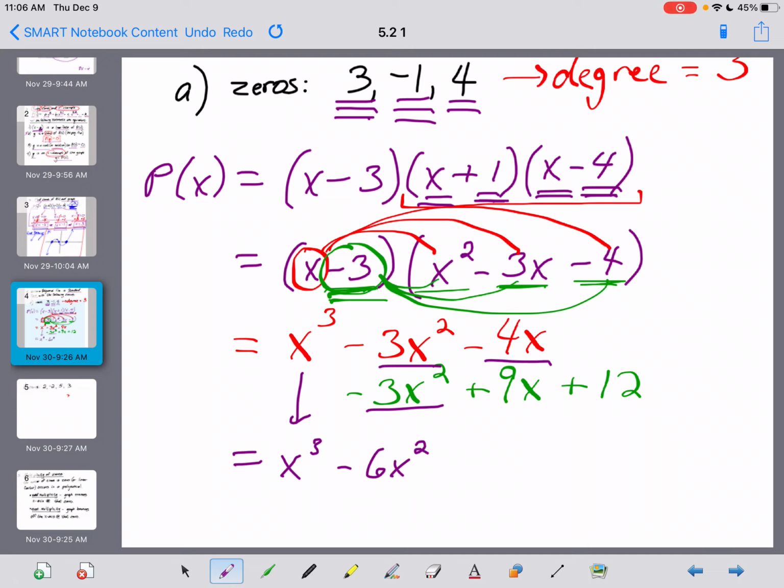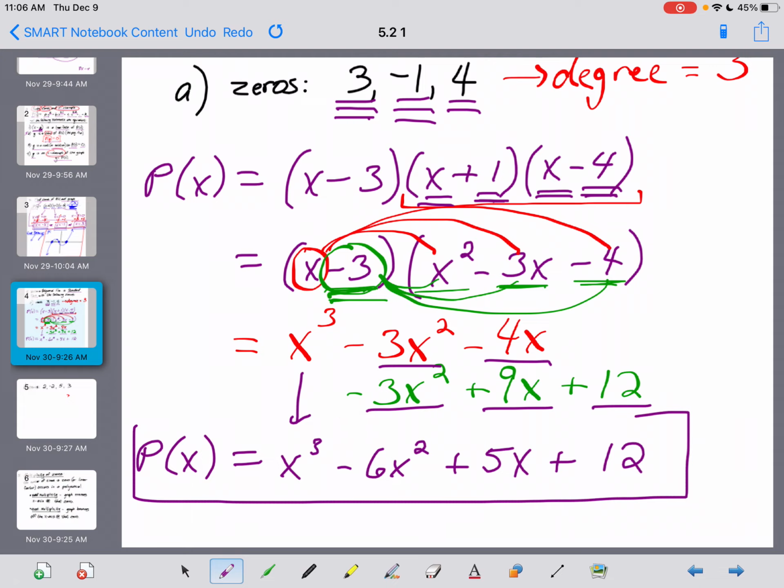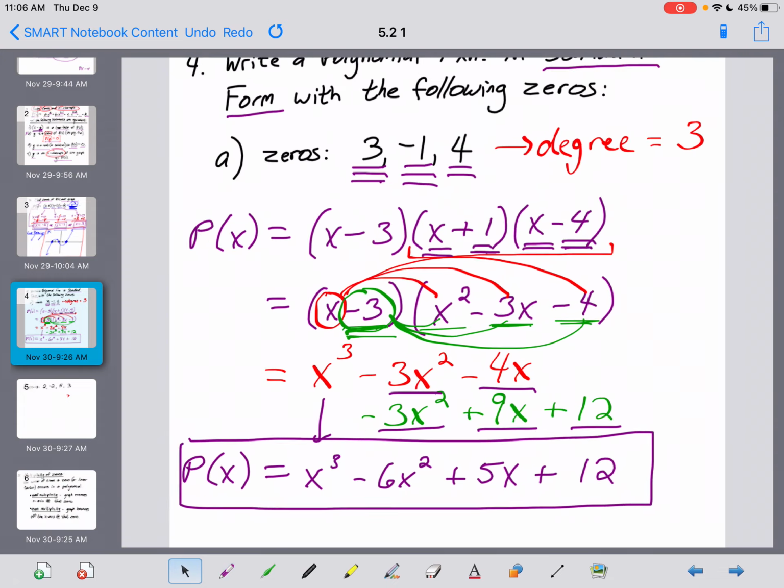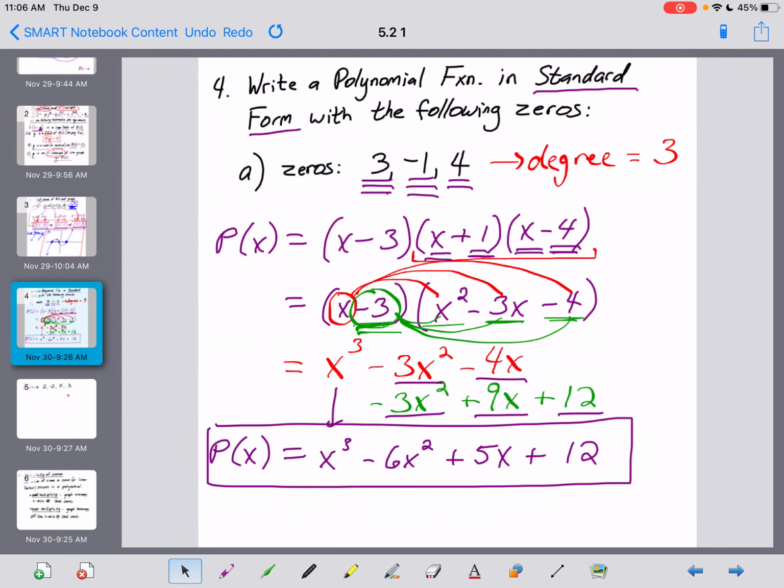And right here, negative 4x plus 9x is a plus 5x. And then nothing gets combined with the positive 12. And this, everybody, is the standard form version of the polynomial function. And I should probably say the simplest polynomial function out there that has zeros of 3 and negative 1 and positive 4. So that's what that one looks like.